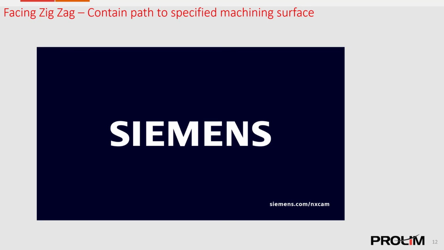It's all about aligning the software's behavior with your machining strategies. So with that being said, let's go ahead and take a look at the next enhancements that we have.